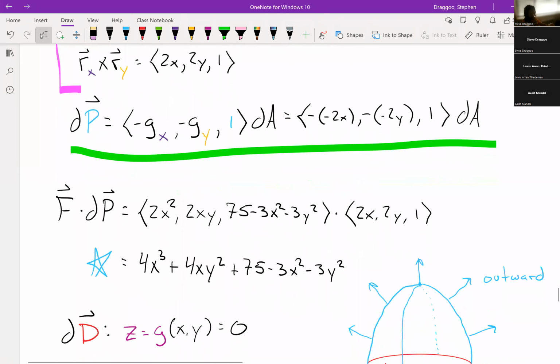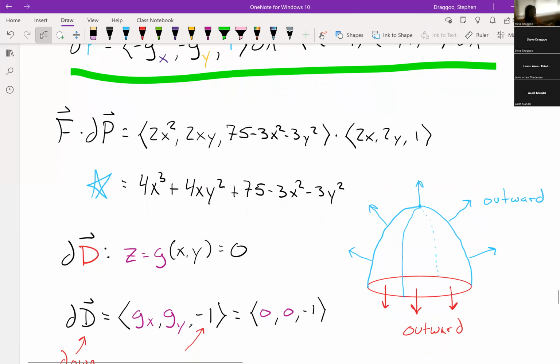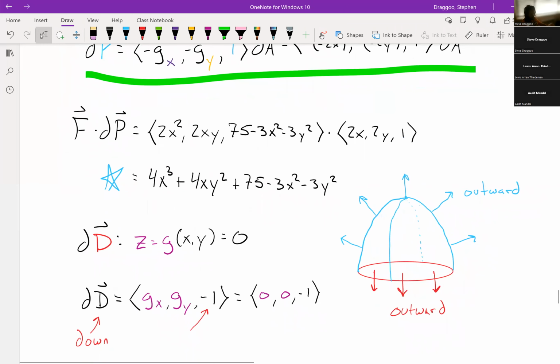So I need the integral of, well, I'm going to end up needing F dot dP, which is this thing that's starred right there: 4x cubed plus 4xy squared plus 75 minus 3x squared minus 3y squared. That's my field dotted with that outward pointing normal vector.